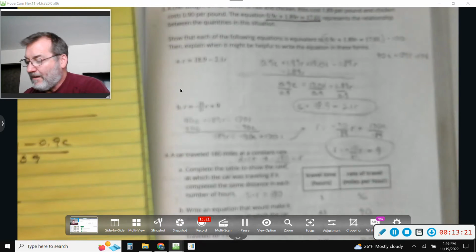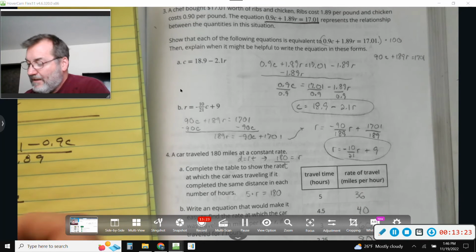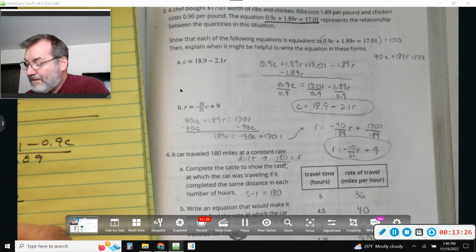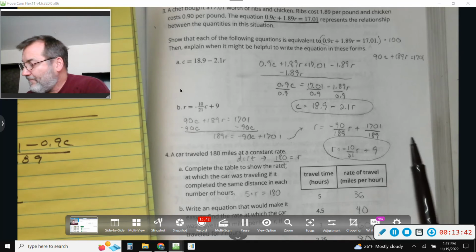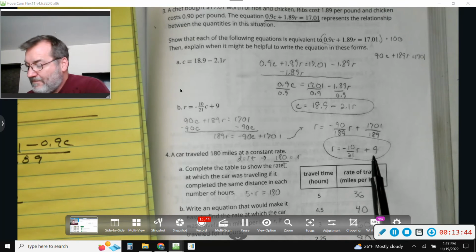And when I do that, I can take out some common factors. You can do the math there. That's the same as this right here. That's the same as negative 10 divided by 21 C. And then this one right here turns out to be 9.